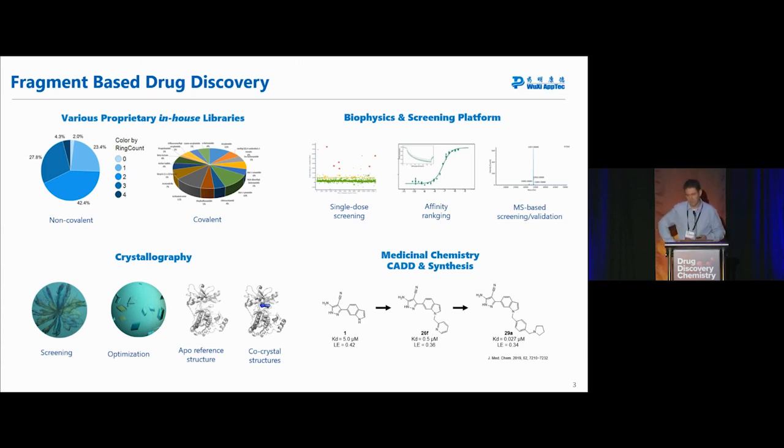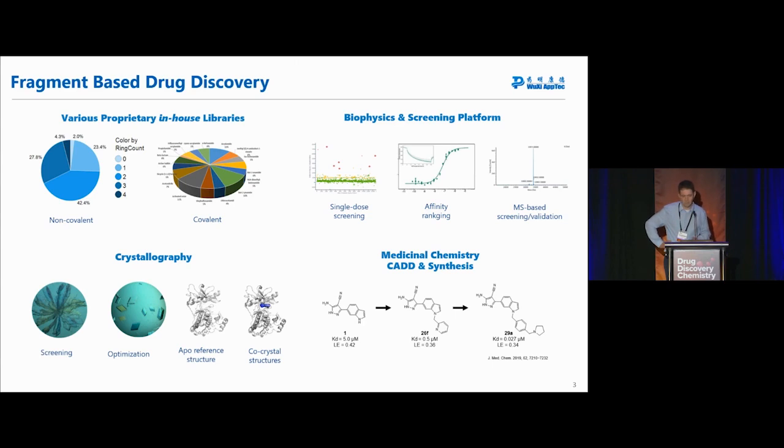And as you know, if we want to run an FBDD project, what we need is a protein of very high quality. So we have a relatively big protein production unit that supports us. And of course, in order to run an FBDD project, robust biophysical technologies are very important.